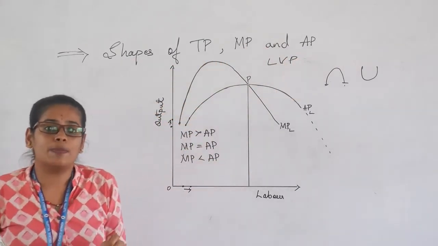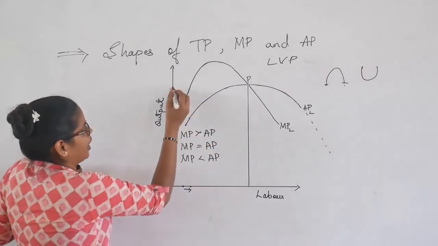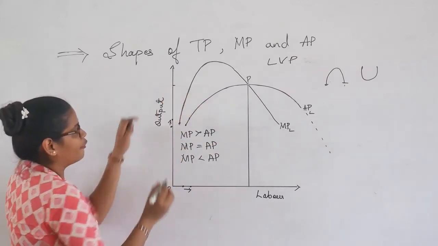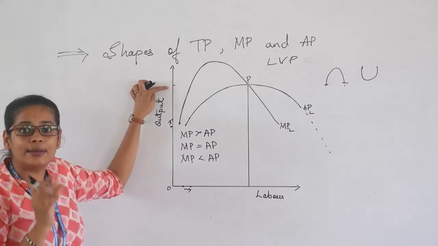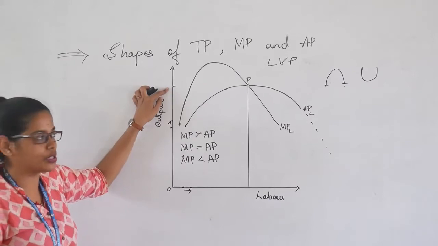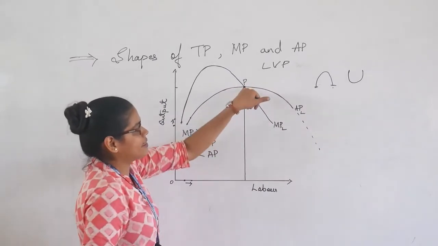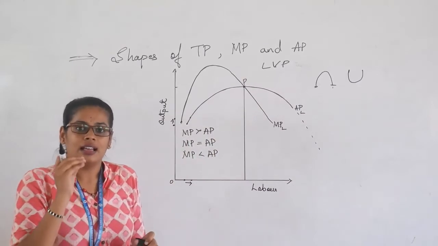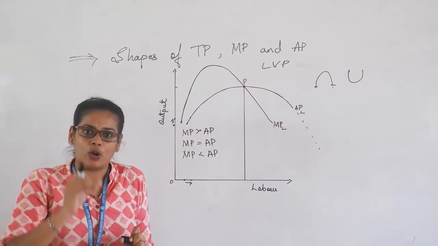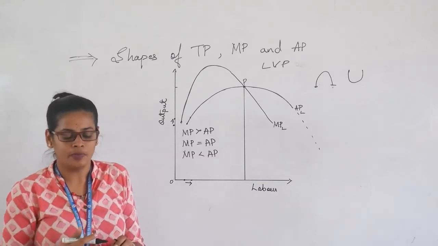See, this total product is also where you can see the point where the firm has the maximum output capacity which a firm can produce. That tells, and this is the point at which the AP and the MP always fall, even if you have increased the input.